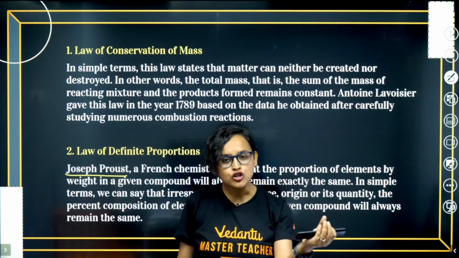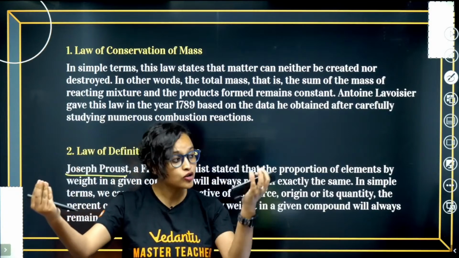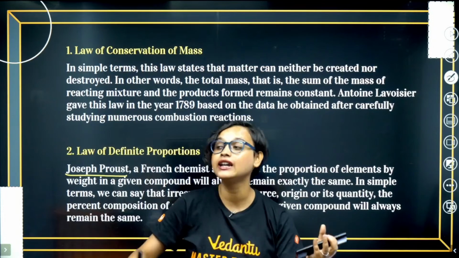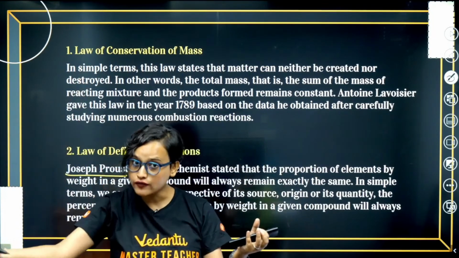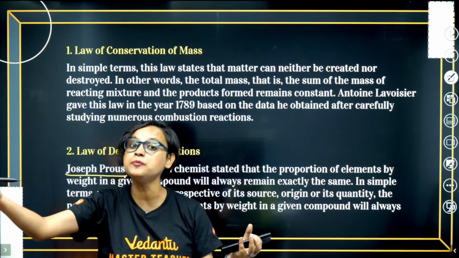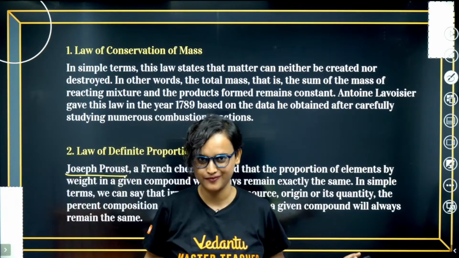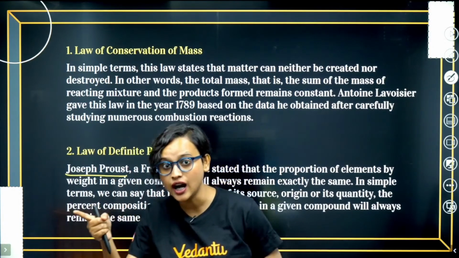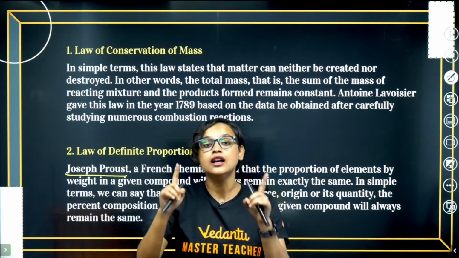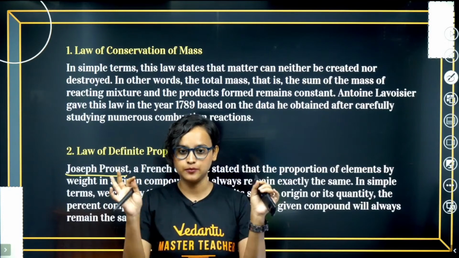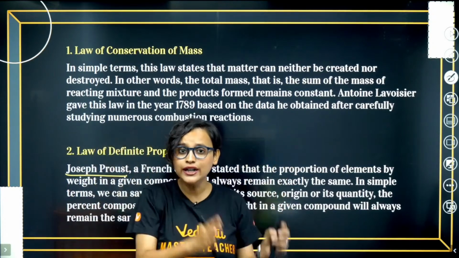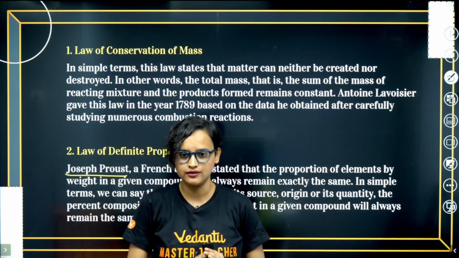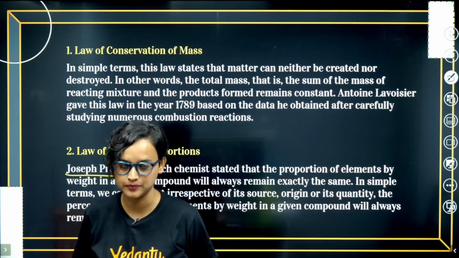Then the amount of copper and the amount of carbonate in the natural copper carbonate and in the synthetically produced copper carbonate will be the same. It doesn't change. So basically, if I take H2O from Australia and H2O from India, it will have the same proportion. The weight of hydrogen and the weight of oxygen in H2O, wherever you take it from, is going to remain exactly the same.